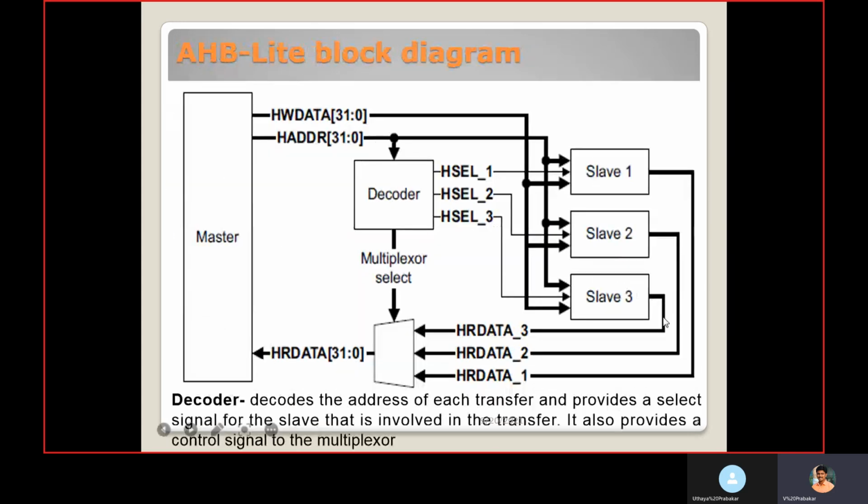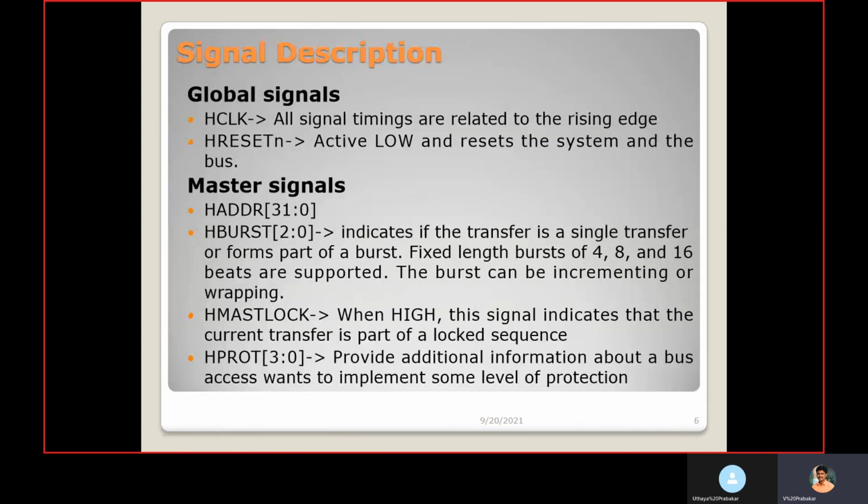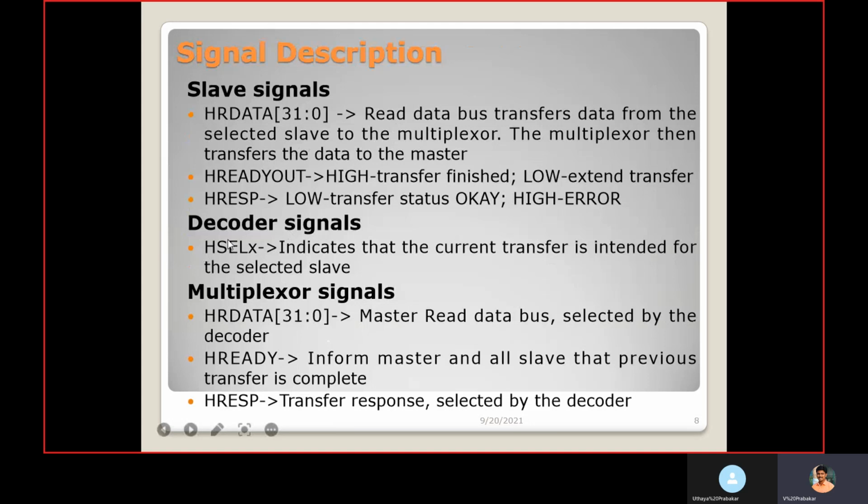Then HREADYOUT: when it is high, it indicates that the transfer is finished. When it is low, it requests the master to extend the transfer. Then HRESP: when it is low, the transfer status is okay. When HRESP is 1, it indicates an error.